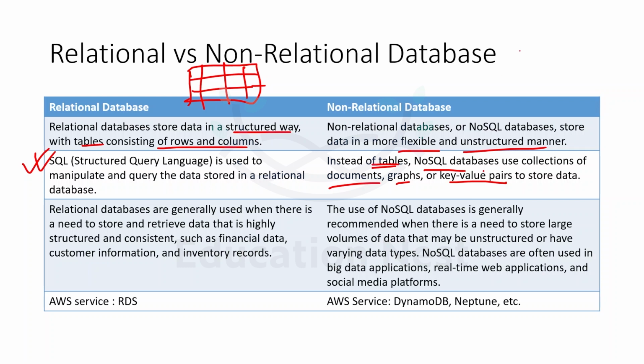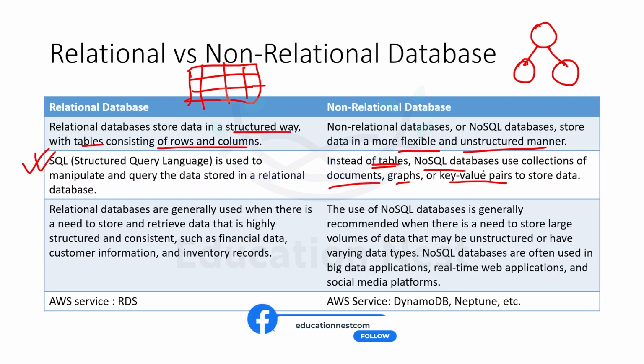When we think about a graph, it would be more of nodes and edges. When we think about a document, it would be more like a JSON document. Not only this, if we talk about the schema, the relational database has a fixed schema with predefined columns and data types, but non-relational databases have a flexible schema that allows for dynamic data structures as well.